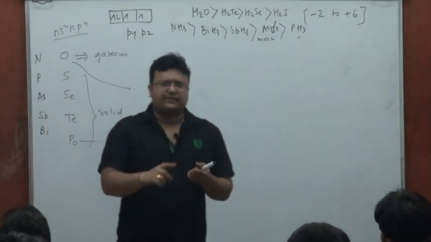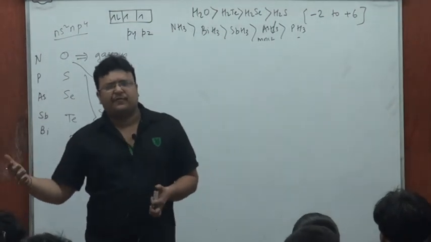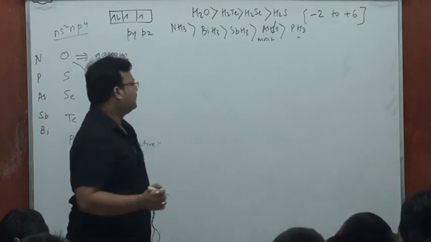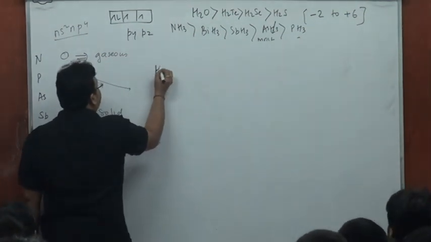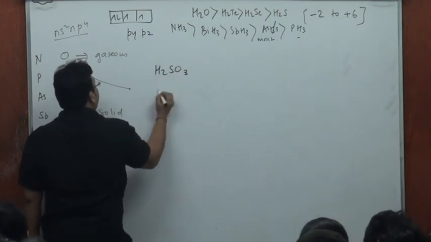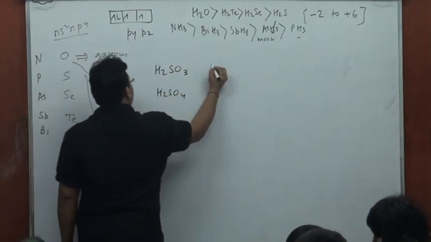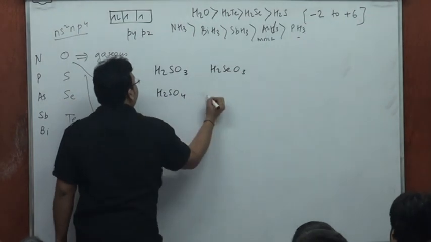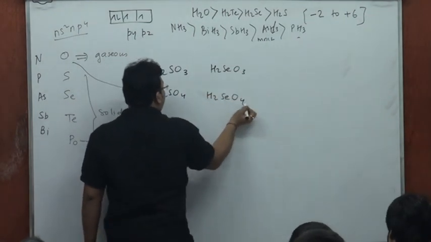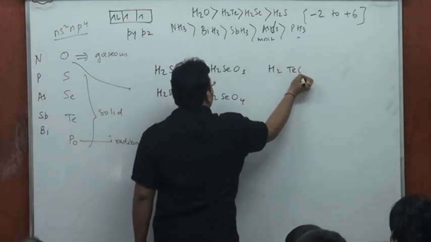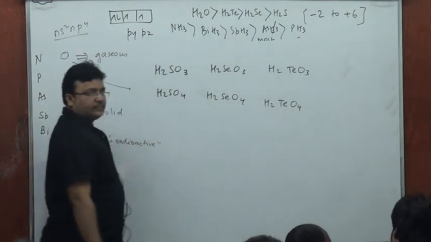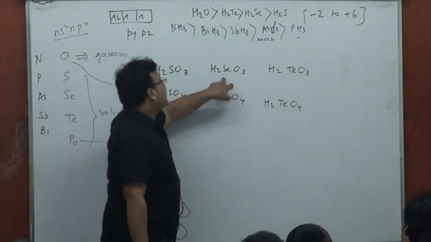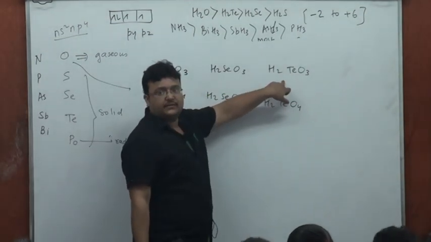Oxyacids of group 6, hydrides of group 5 are going to be more significant. I told you they are going to form two classes of oxyacids, H2SO3 and H2SO4, H2SeO3 and H2SeO4, H2TeO3 and H2TeO4: sulfurous, selenous, tellurous.